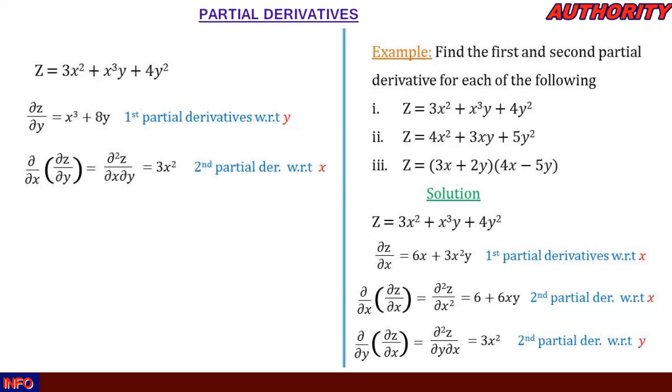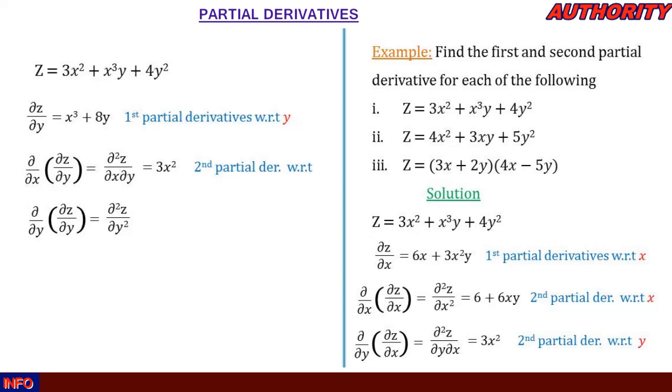Now let's go again to this same function and differentiate it a second time with respect to y. We say the partial derivative with respect to y of the partial derivative of z with respect to y is called the second derivative of z with respect to y. Anywhere we see y, we differentiate, and every other variable we take as a constant.